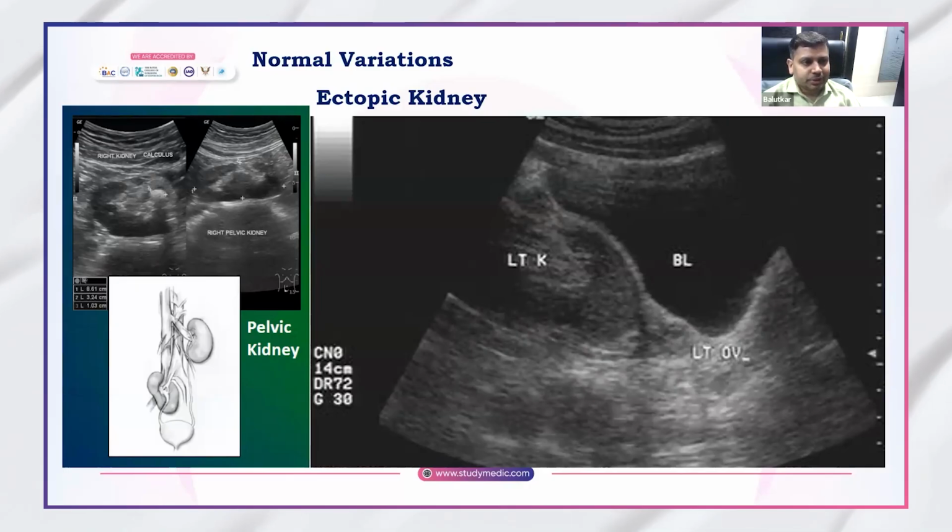And when there is crossed fused ectopia, the ectopic kidney can be on the contralateral side of the body and will be fused with the other kidney. So if it is right-sided ectopia, the left kidney will be on the right side and will be fused with the right kidney. So ectopic kidney should always be looked for; when you are not visualizing a normal kidney, always look for its ectopic position.